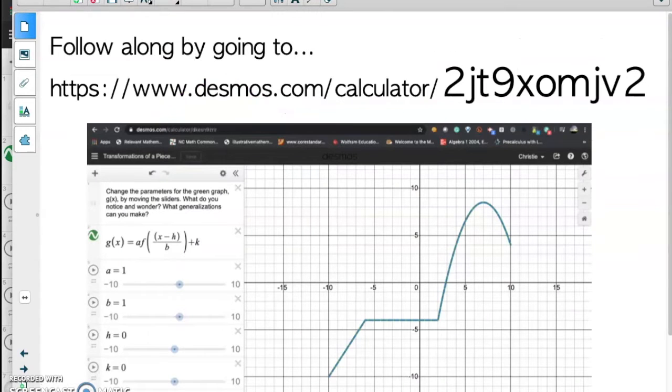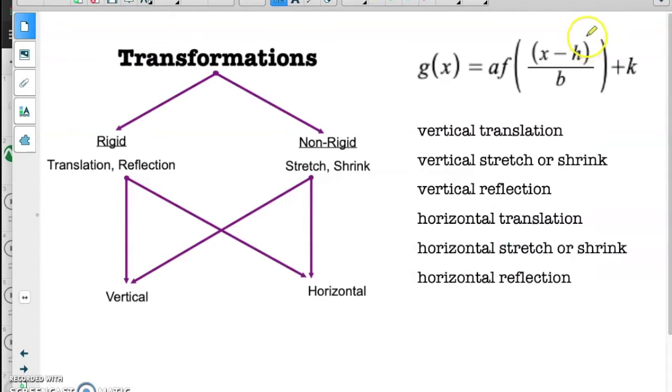We also used this particular Desmos calculator to explore these different transformations. If you would like to follow along, open up a web browser and type in this web address. We began by exploring the parameters h and k.